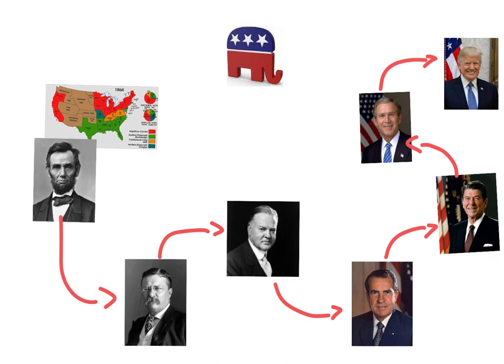And so what we've seen with the Republicans is a shift to the right, a movement towards protectionism and a huge monumental shift in foreign policy outlook. But how long Trump's influence lasts remains to be seen.